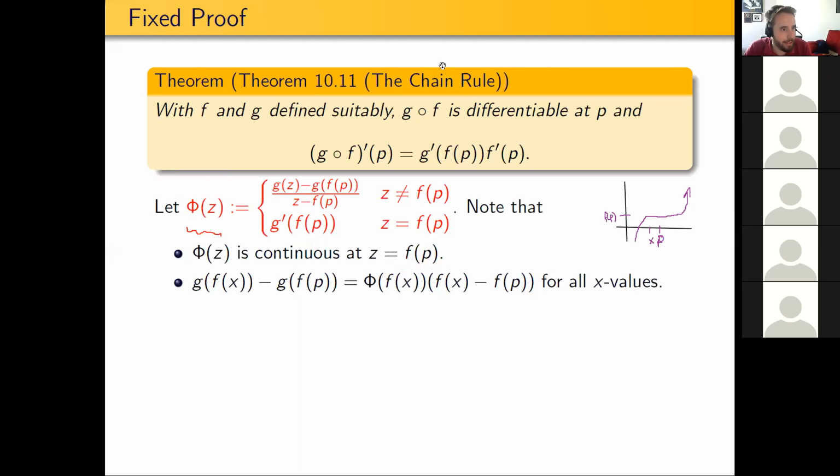To do that, we can make a note that the limit as z goes to f of p of phi of z is equal to the limit as z goes to f of p of g of z minus g of f of p over z minus f of p, just plugging in for what phi is.